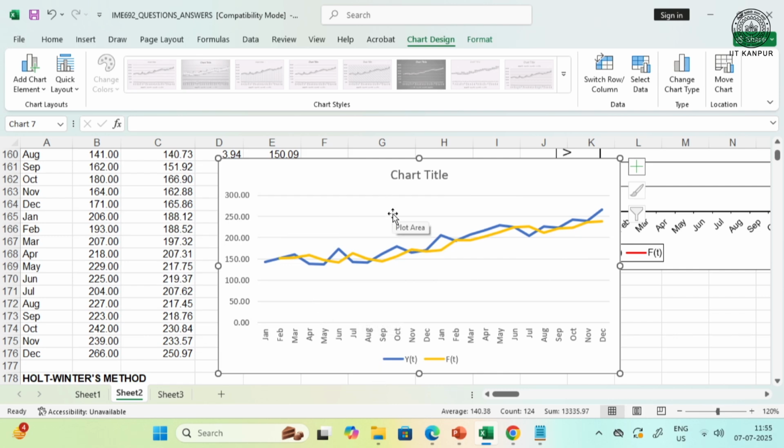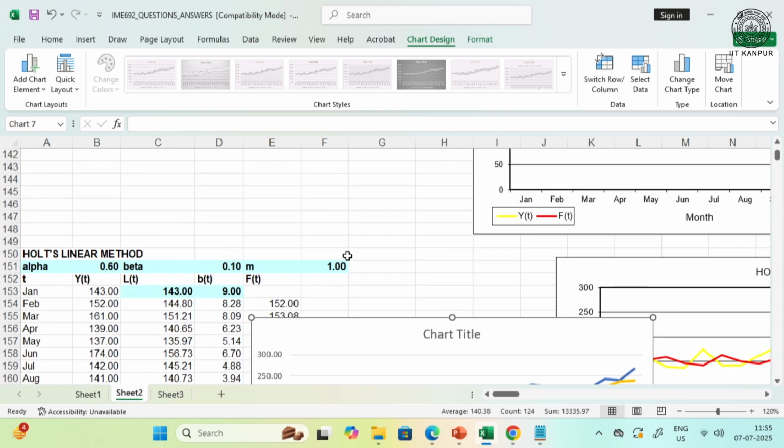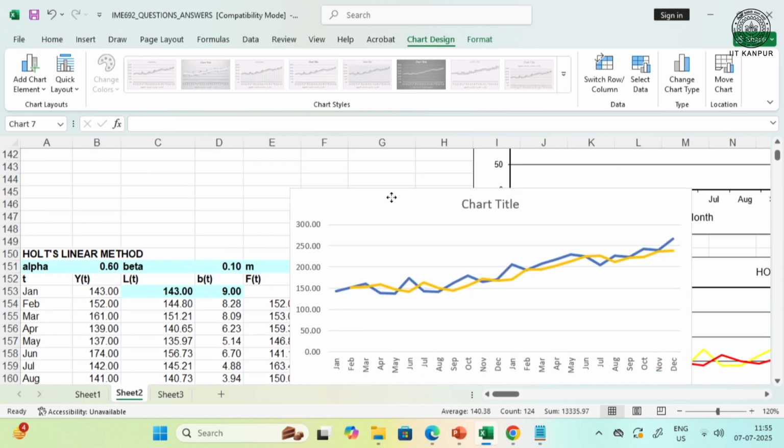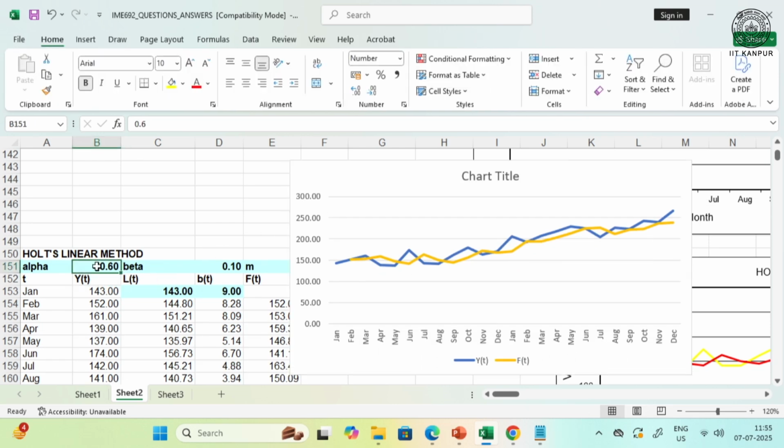Let us check how the graph changes as I change the values. Let us take alpha as, for example, 0.7. YT changes, just check.